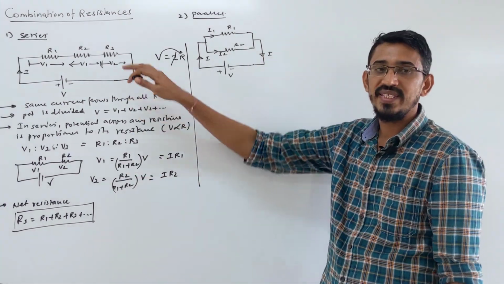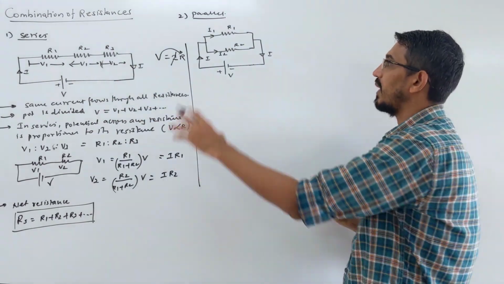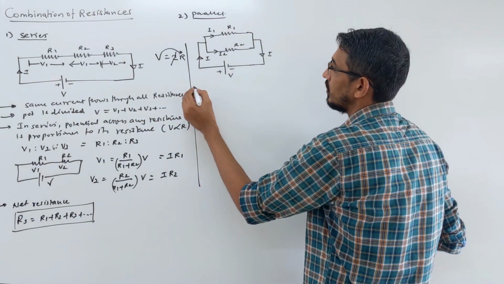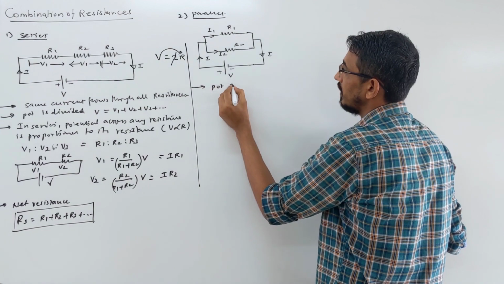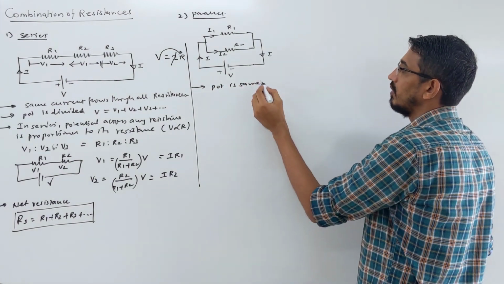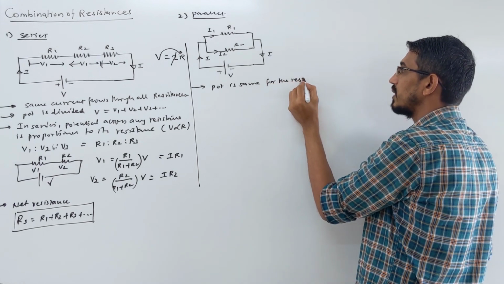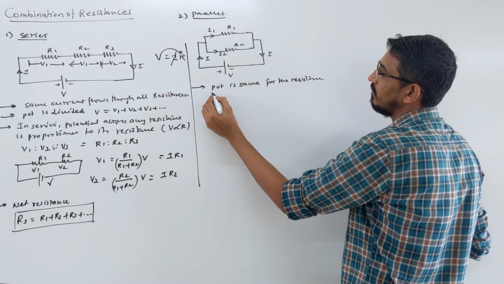So in series the current is the same through all resistances, but in parallel the potential will be the same for the resistances which are in parallel.